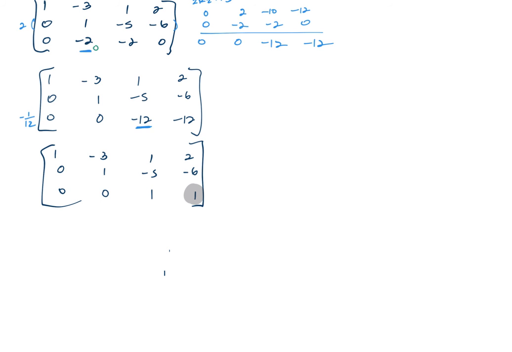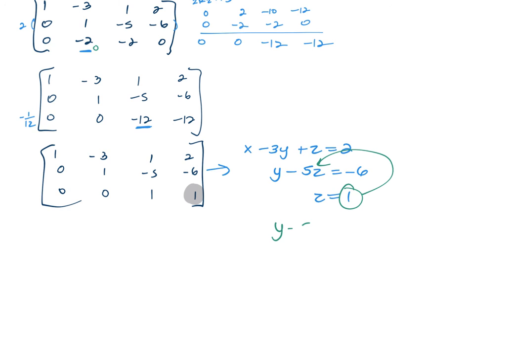Comes the back substitution part. So x minus 3y plus z equals 2. Y minus 5z equals negative 6. And z equals 1. I take the 1, I plug it in. Y minus 5 times 1 equals negative 6. Y minus 5 equals negative 6. Add the 5. And y equals negative 1.